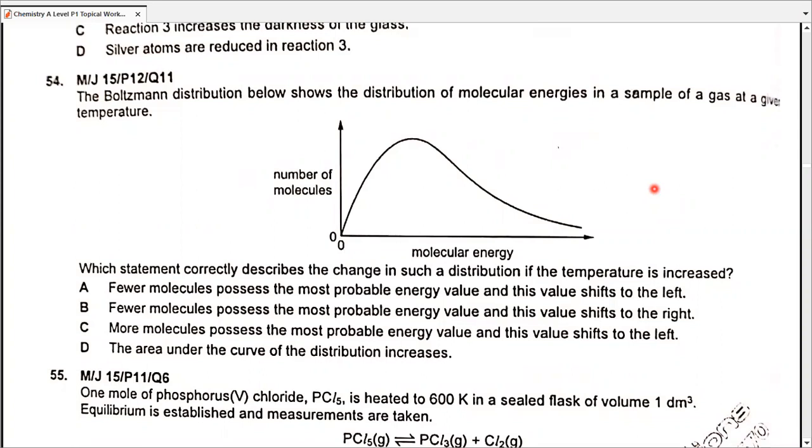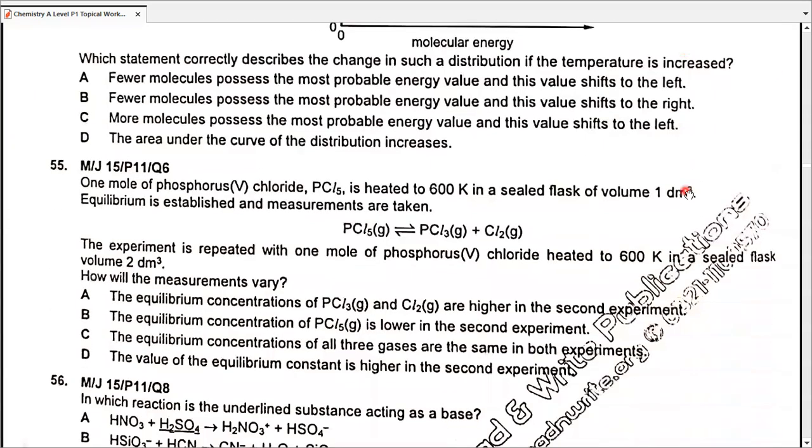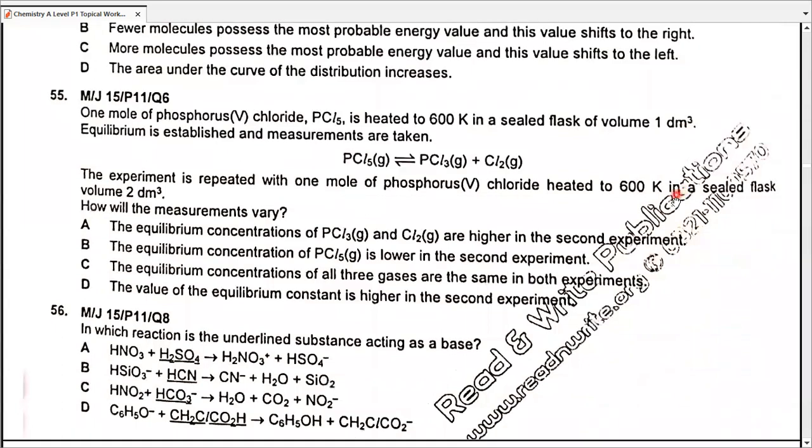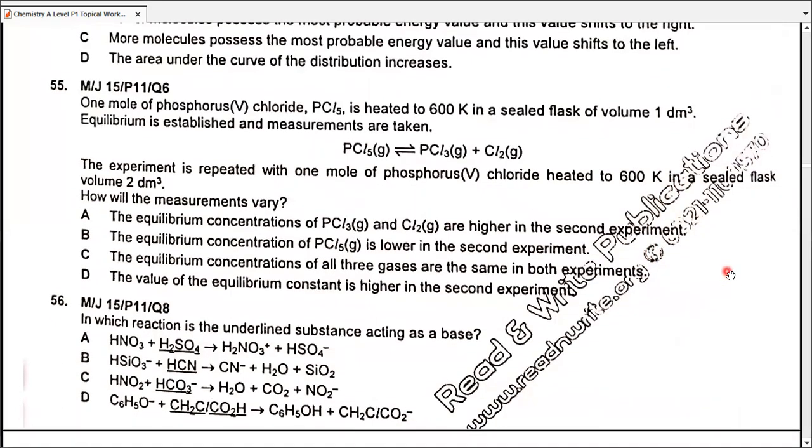Because he's talking about most probable energy value, so definitely it would shift to the right. Okay, fine. Yes, beta is correct. Moving on. I guess you were doing 55. Okay, yeah, continue.